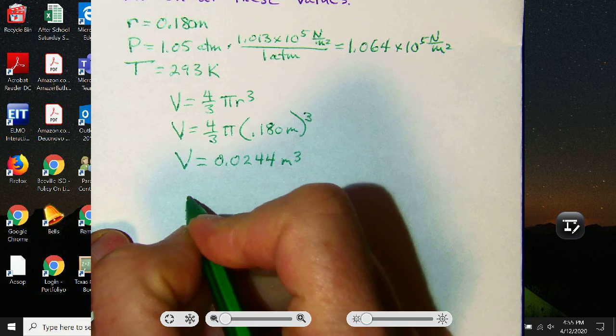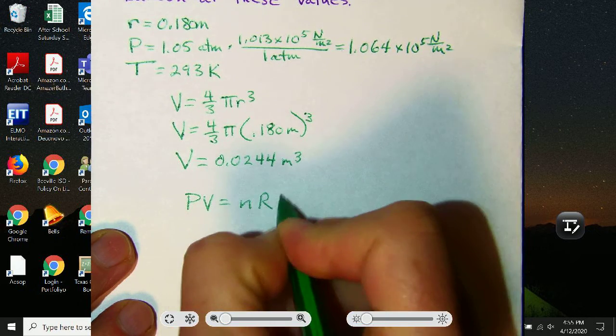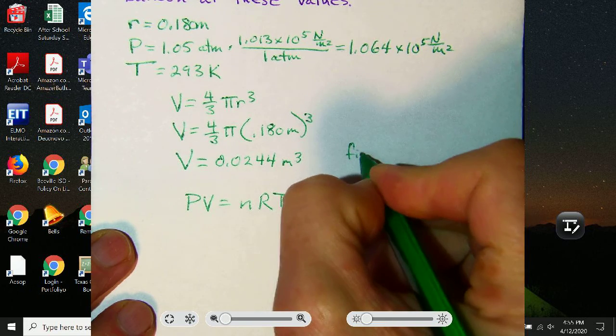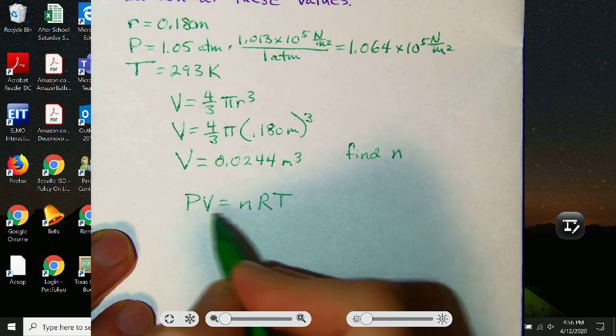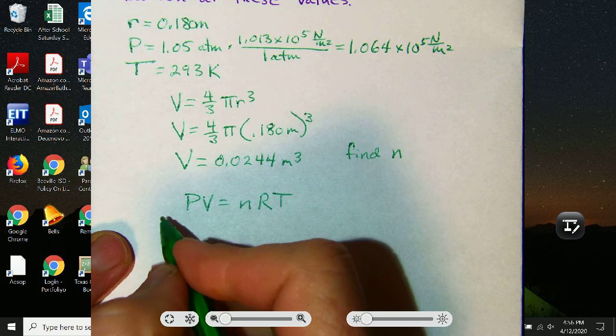We're going to use the ideal gas law, PV equals nRT. We're trying to find the number of moles n. Okay, so we've got P, V, T, and R. We've got everything we need.